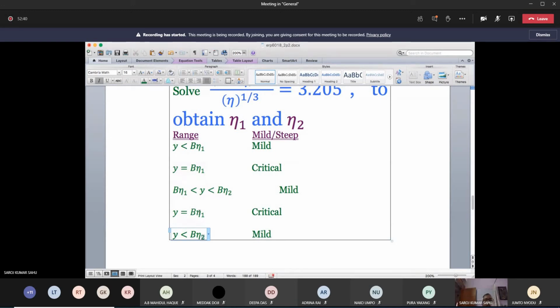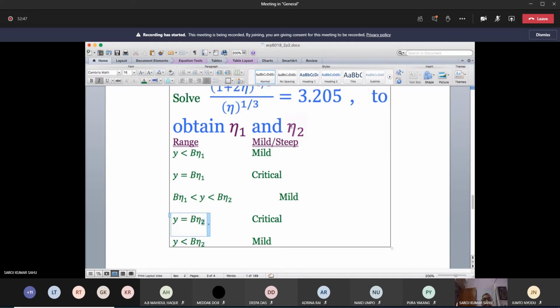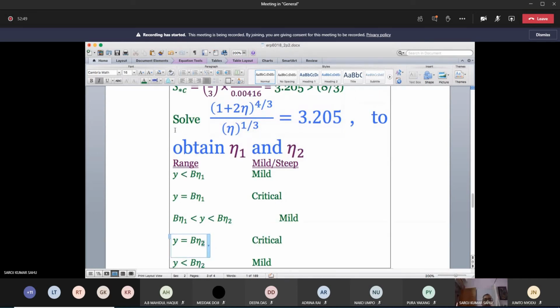Y equal to beta 1 and y equal to beta 2, which you are obtaining as the solution.